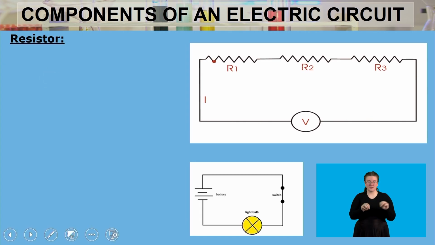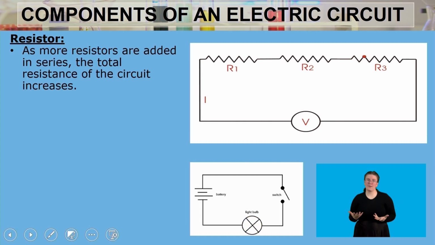In addition to the resistors, again, we said as more resistors are added in series, the total resistance of a circuit increases. And remember, once the resistance of the circuit increases, the current is going to decrease, because the resistance and the current have that relationship that when one increases, the other decreases.